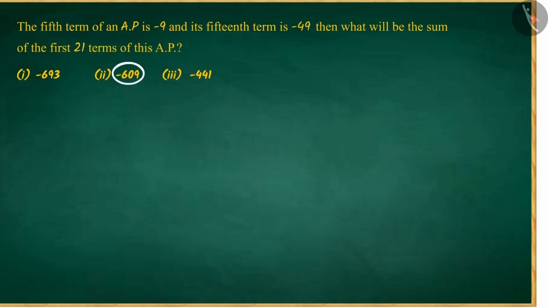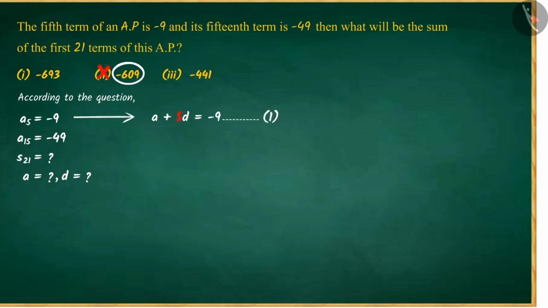If you have selected option 2, then it is a good attempt, but it is the wrong answer. Your attempt was based on the wrong formula for the nth term of the arithmetic progression, so you made the wrong equation from the 5th and 15th terms.